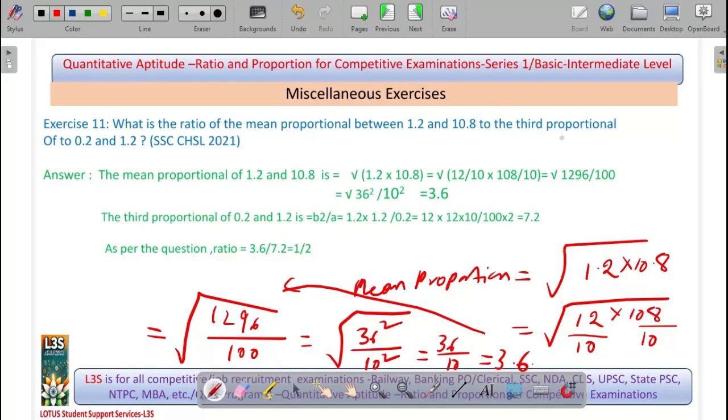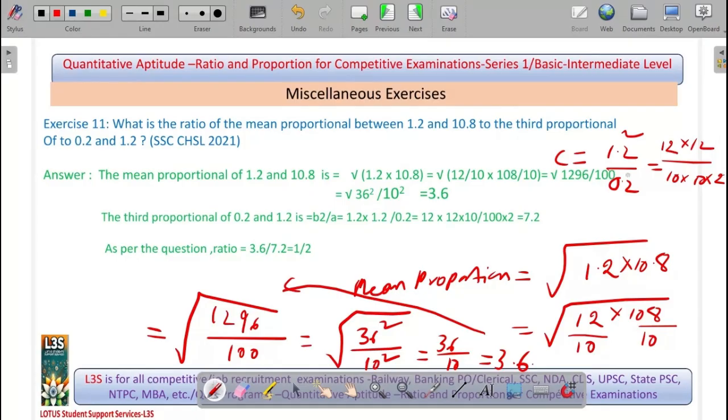And what is the third proportion? Say A is equal to 0.2, B is equal to 1.2, and the third proportion C is equal to B square by A. So B square means 1.2 square by A, that is 0.2. 1.2 square means 12 into 12, that means 1.2, 10 into 10 into 2.